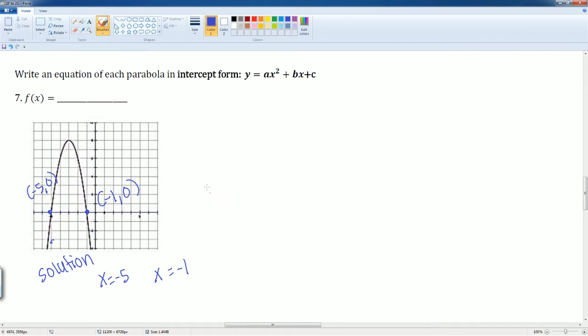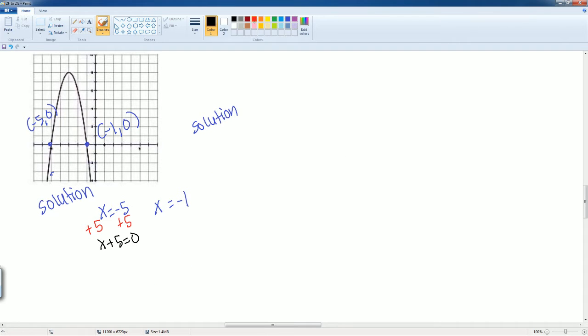So remember, your solution was when these were set equal to 0. So watch this, ready? How do you make this 0? I add 5 to both sides... I mean subtract. So this gets you x plus 5 equals 0. Likewise, you can add 1 to both sides.